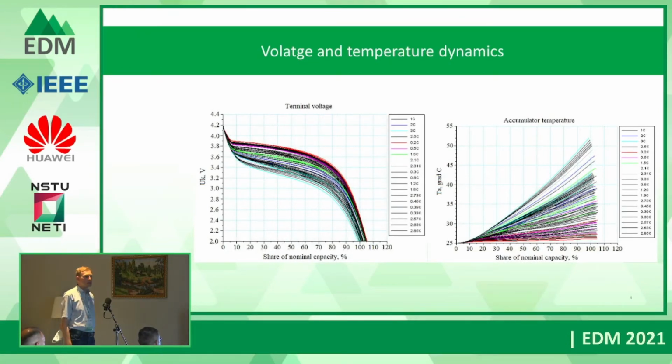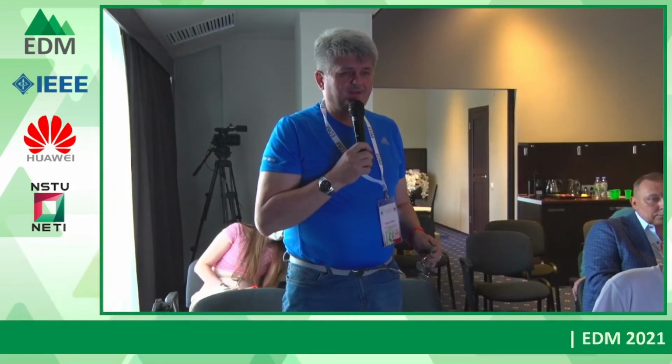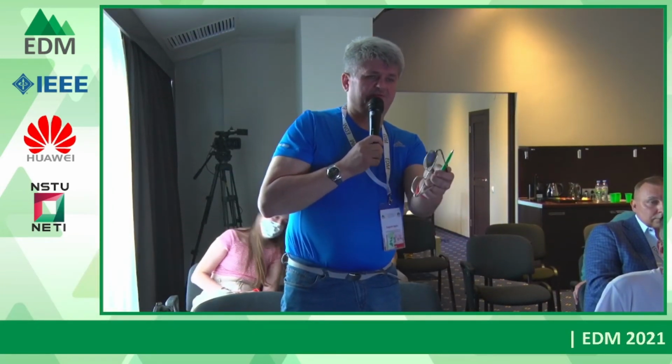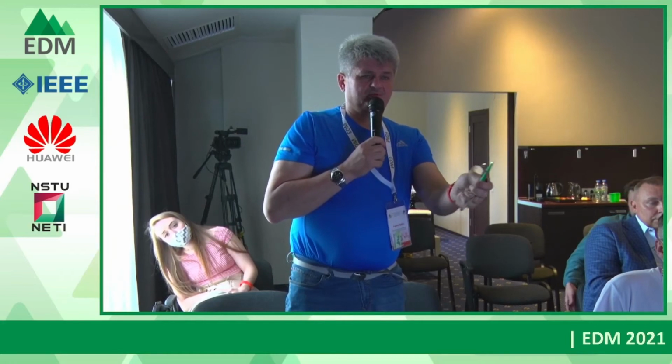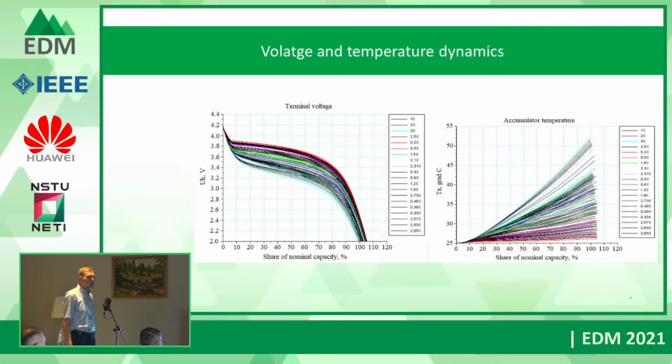I see on these pictures, on the right pictures, your graphics are more than 100%. I don't understand this. What does it mean, 105% of capacity of the direct axis?